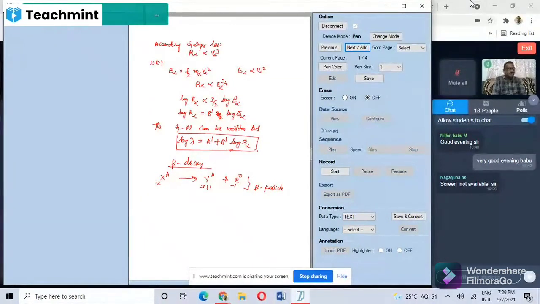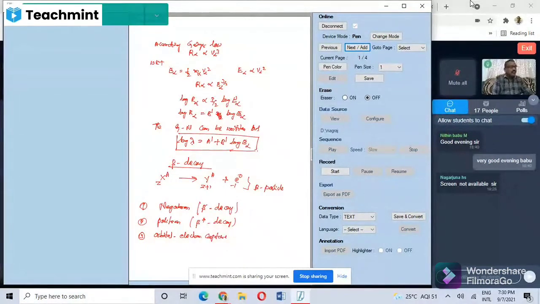Based on that, there are three types of beta decay: negatron or beta minus decay, positron or beta plus decay, and orbital electron capture.